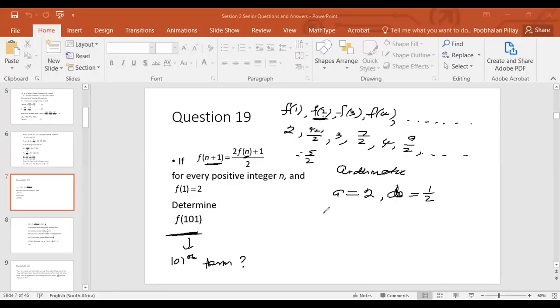And the formula for the nth term, this is school mathematics, is a plus (n minus 1) d. And that you can work out straight away, a is 2. So therefore the 101st term will be 2 plus 100 times a half, because that's your common difference. That gives you 50 plus 2, which is 52. So your 101st term is 52. That's the answer to your question.